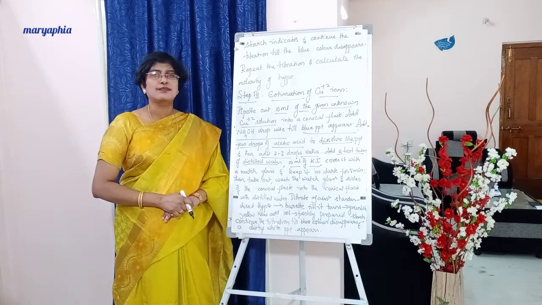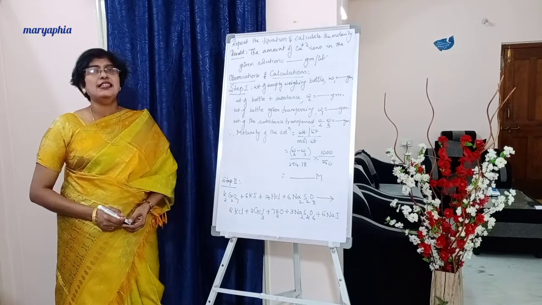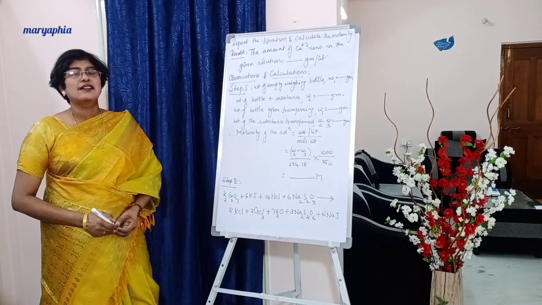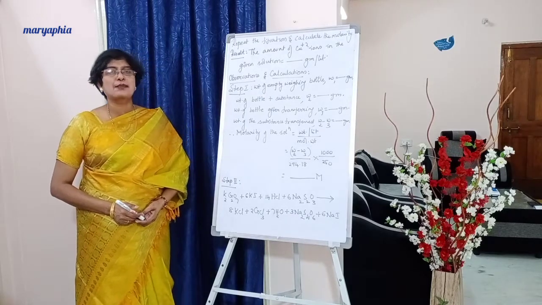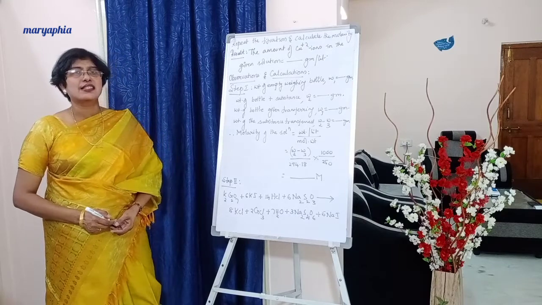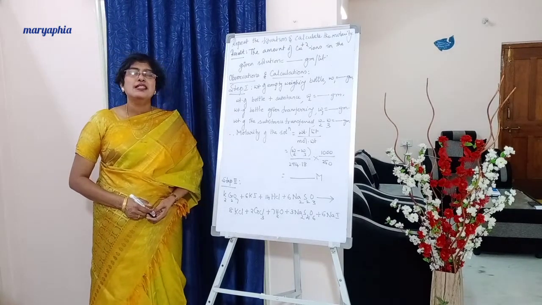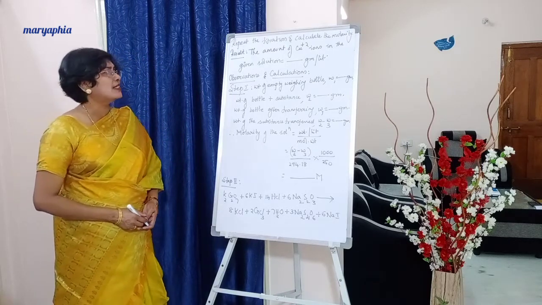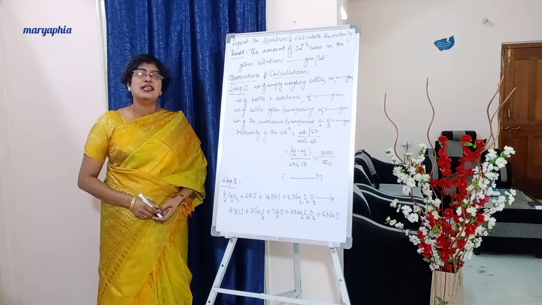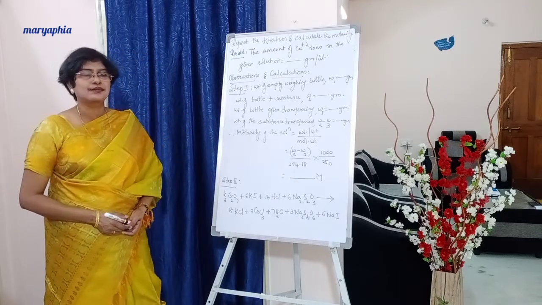Full stop. Repeat the titration and calculate the molarity. Full stop. Next, put the side heading result. The amount of Cu+2 ions present in the given solution is equal to dash grams per liter.